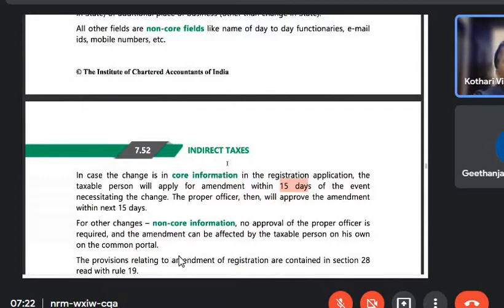So that means if a partner is added, then within 15 days you should inform it to the GST officer. Or if an address is changed, then within 15 days this has to be updated. Or if you are changing the business name, then within 15 days you have to update the core field amendment.